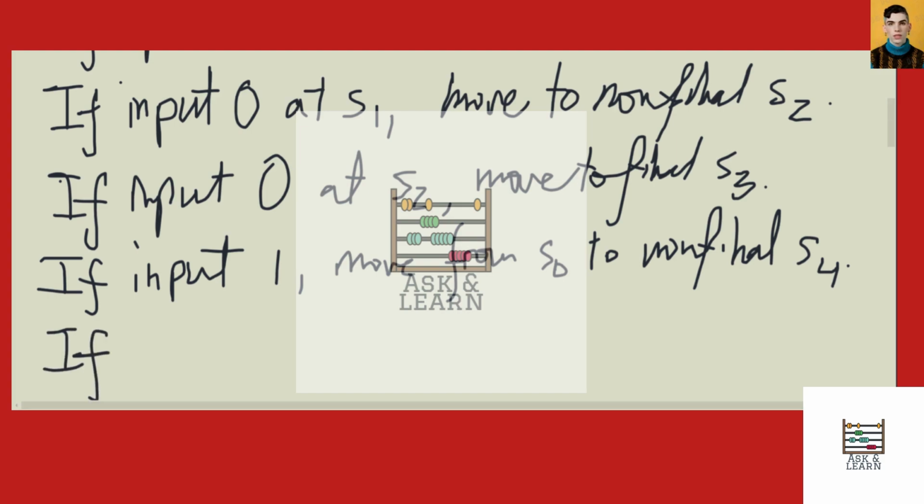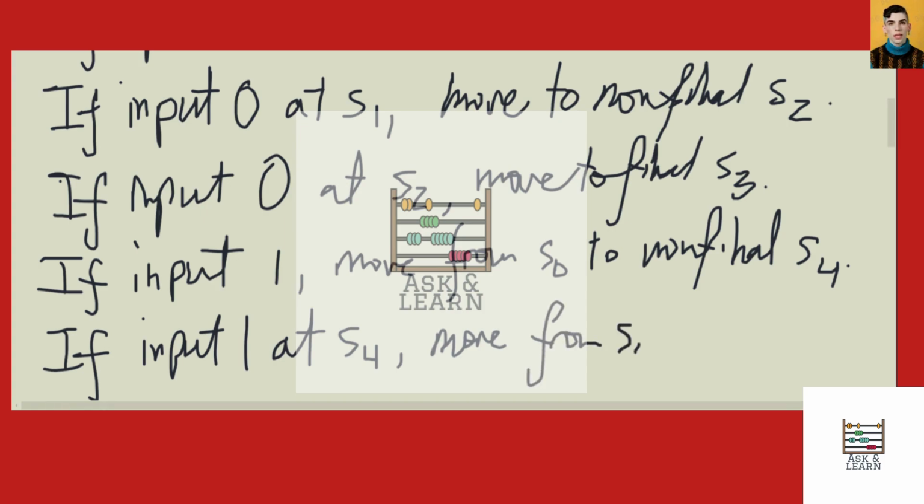And if the next input is a 1 at the state S4, then we'll want to move from S4 to a final state. And here we can reuse one of the previous final states, S3.